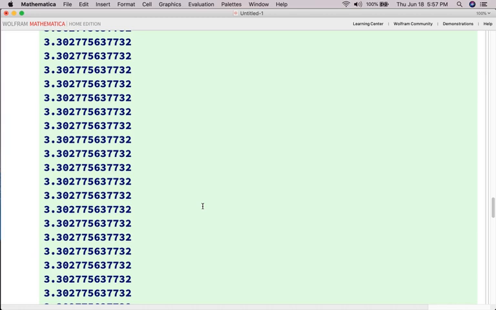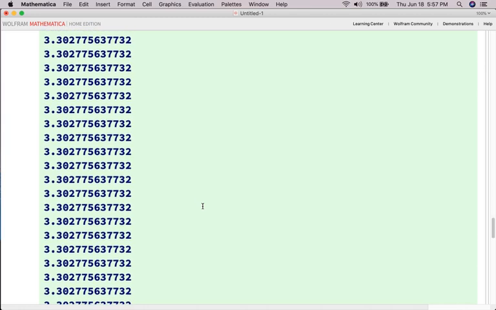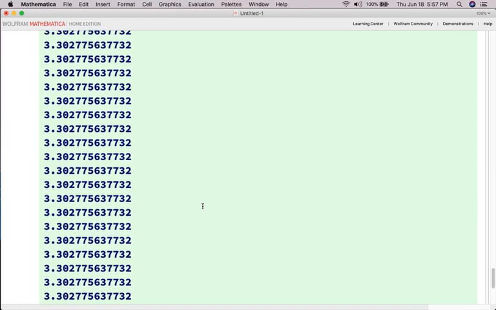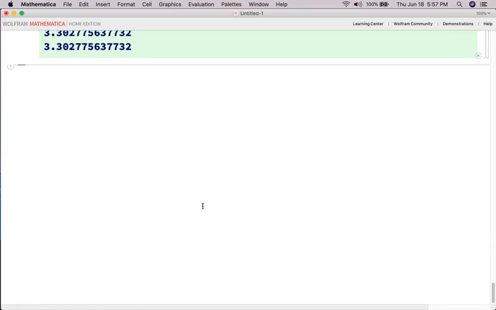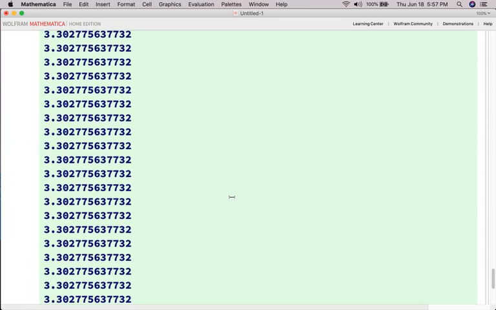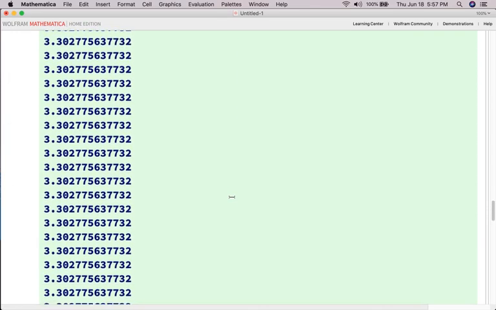And we can see very good convergence going on here. So we know that the value is approximately 3.302775637732. Now, in this particular case, it is possible to get a closed form solution to the problem.